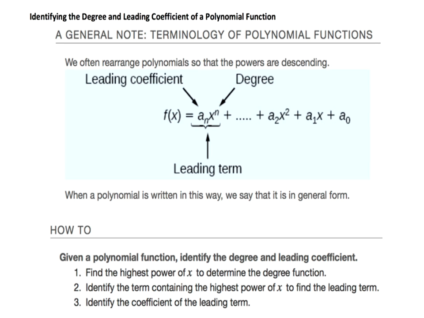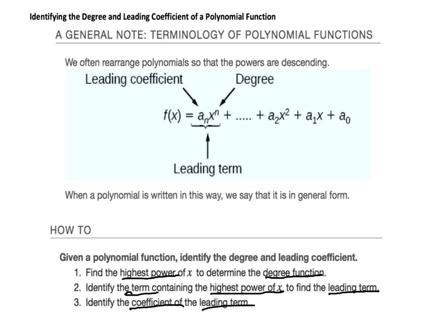Okay, so just showing you more about that definition there. I've already gone over that. Given a polynomial function, identify the degree and leading coefficient. To do that, you're going to find the highest power of x to determine the degree. Identify the term containing the highest power of x to get the leading term.